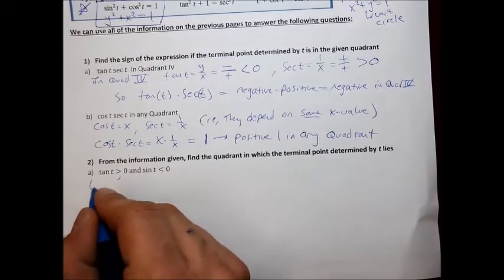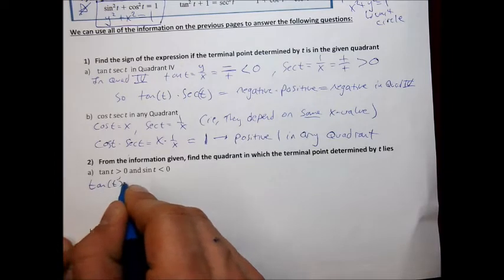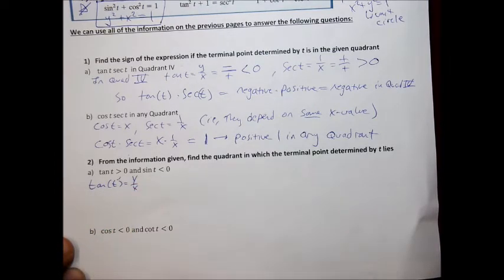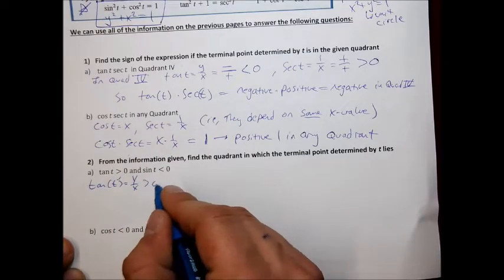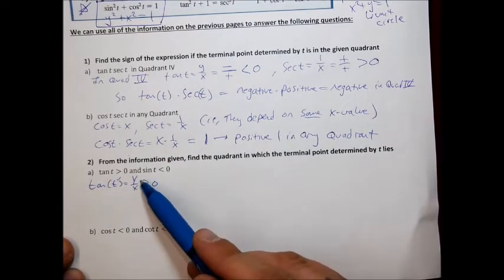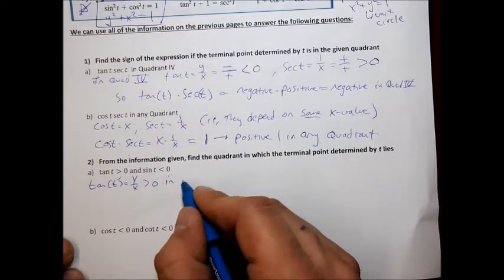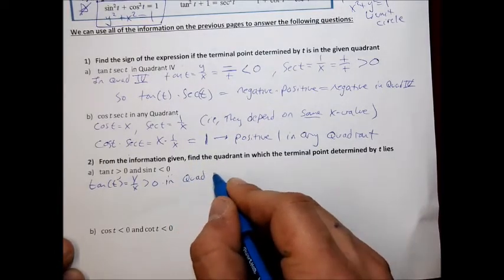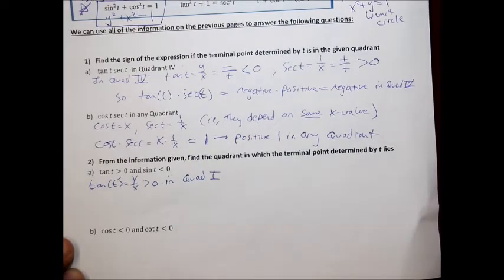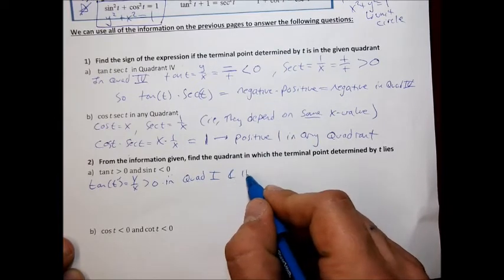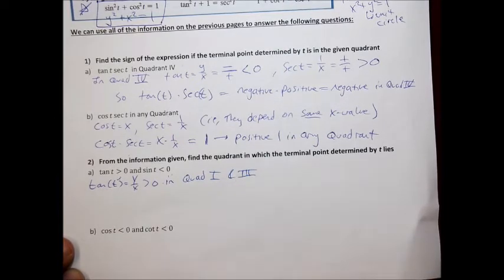So we know that tangent of t is y over x, and if that's positive, then that means that both the x and the y value are positive, or they're both negative. And so this occurs in quadrant 1, where both the x and the y value are positive, and 3, where both the x and the y value are negative.